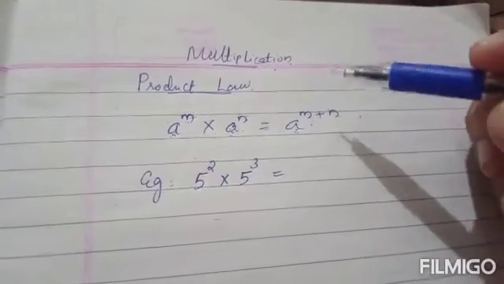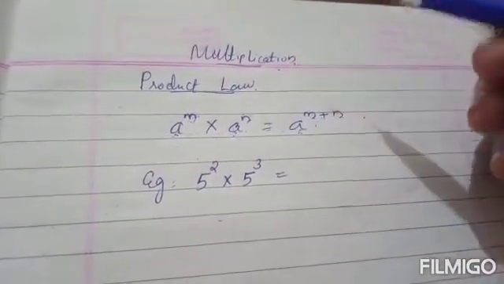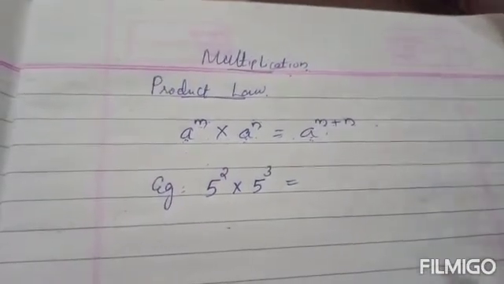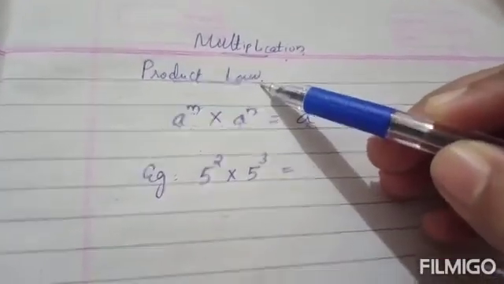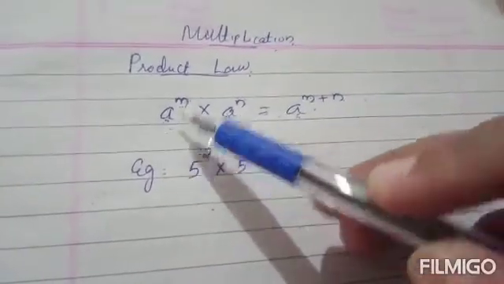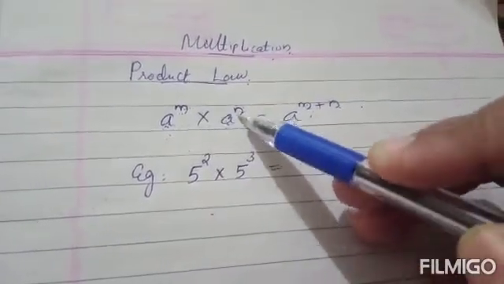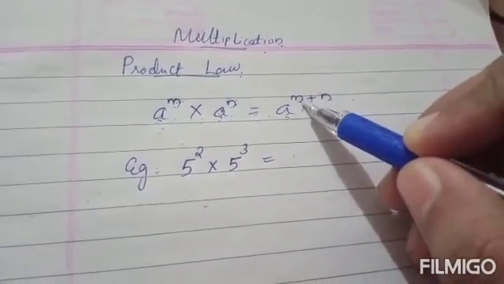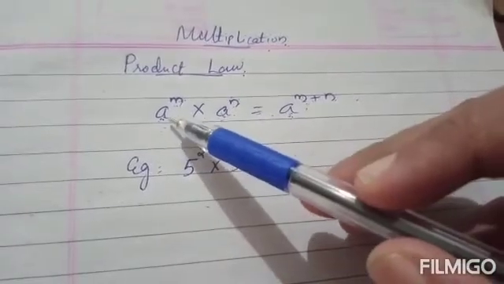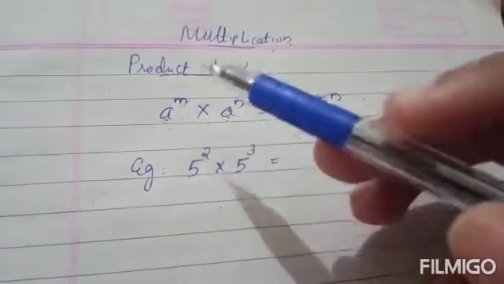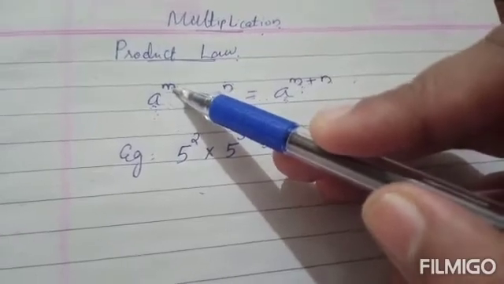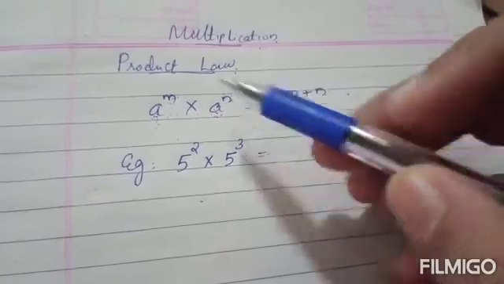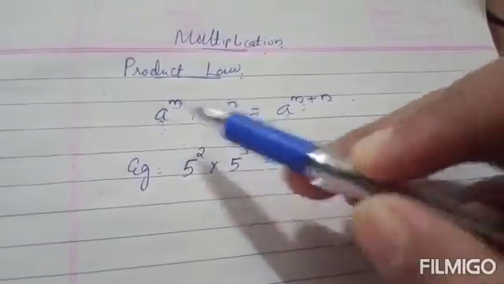So before going to multiplication, you should know one law, that is the product law used in exponents. The law is a raised to m into a raised to n equals a raised to the power m plus n. In the first case the base a is raised to the power m, then in the second one a is raised to the power n. Here the bases are the same, a.